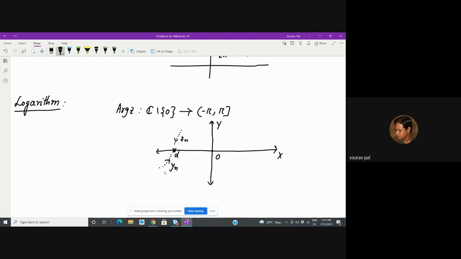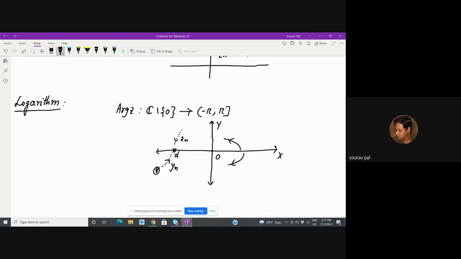What should be the argument? If you look at a point like this here, what is the argument of this point? In the third and fourth quadrant, we measure the angle in the clockwise direction, in the negative direction, because it is minus pi to pi. And we measure the angles in the first two quadrants in the positive direction, in the anti-clockwise direction. So here the argument is between 0 and pi.